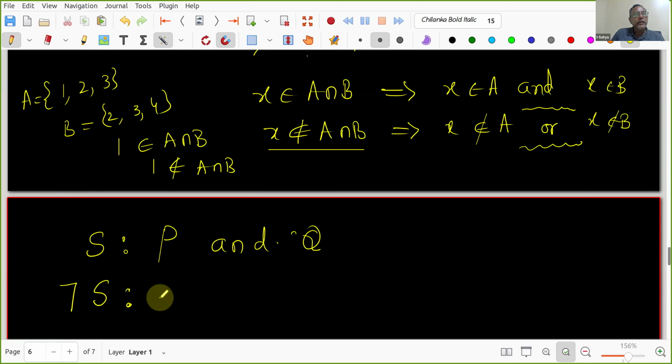Whenever this is false, the negation becomes true. Whenever this is true, it becomes false, right? Can any one of you comment? What is the negation of P and Q?